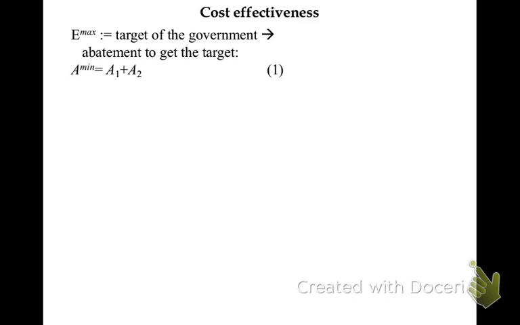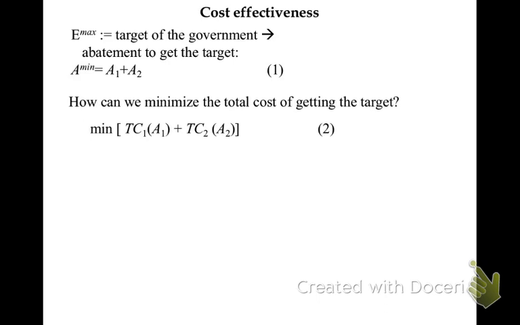And suppose that we have only two firms. So we need that the total abatement of the two firms is A min, which is the target of abatement. We can have a target in terms of emission or a target in terms of abatement. We did our model in terms of abatement, but we can do it in terms of emissions. It is the same. So the idea is that as a government, I want to minimize the cost of compliance, the cost of getting the target.